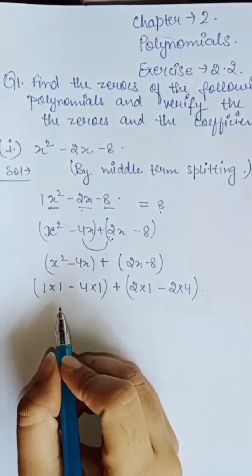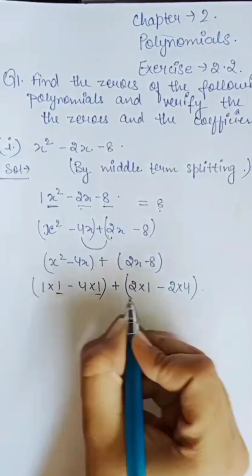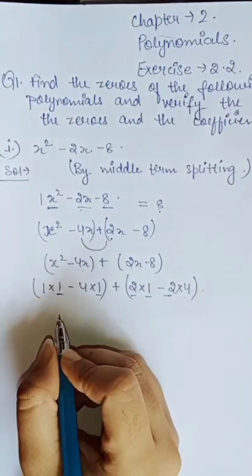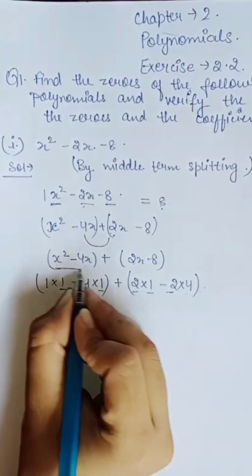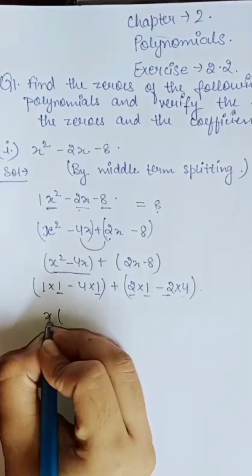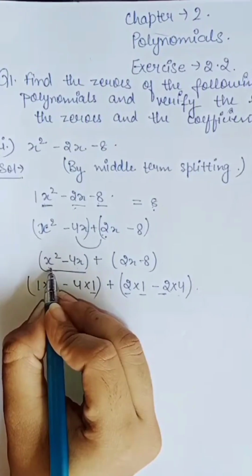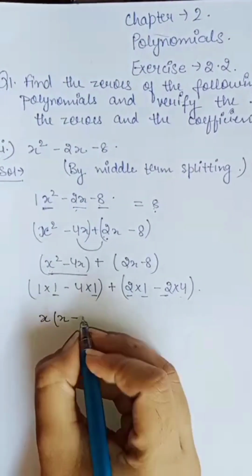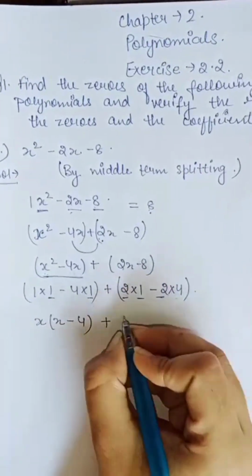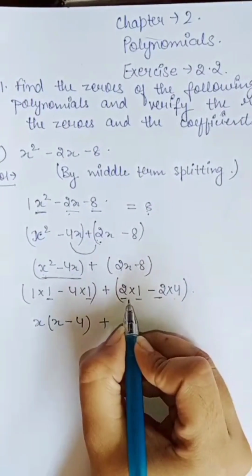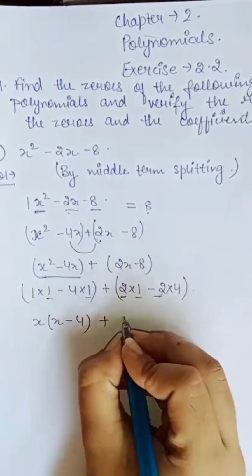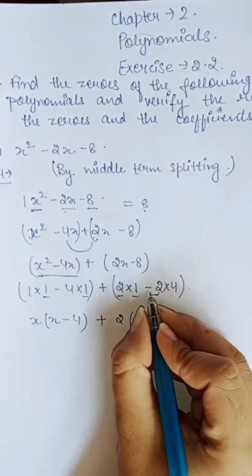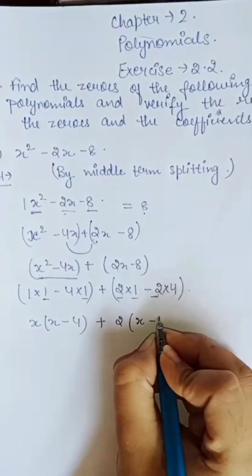So now we take the common digits. For this bracket we will write x outside. Then how many x are we having here? x. And now what are we having here? 4. Plus, what is common here? 2 and 2. So we will write 2 outside the bracket, and then we will write x minus 4.